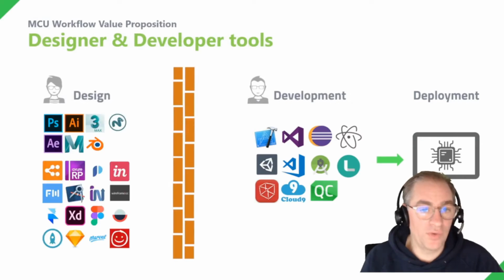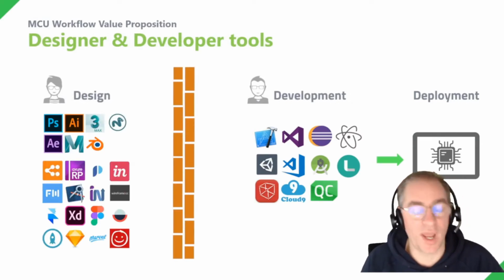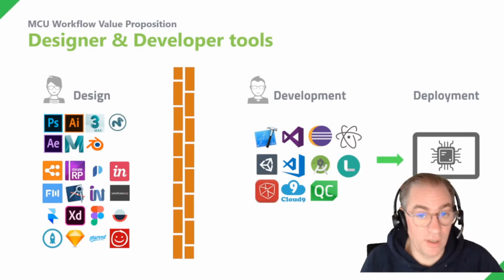Why? Because the tools used by the designer on one side and the developer on the other side are not the same. It creates a wall between these two teams, and for the time to market it's not a good thing, and for the global synergy it's not a good thing.